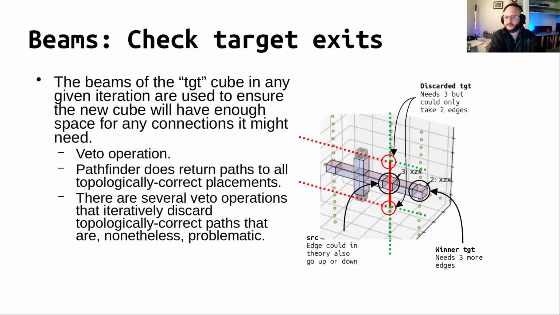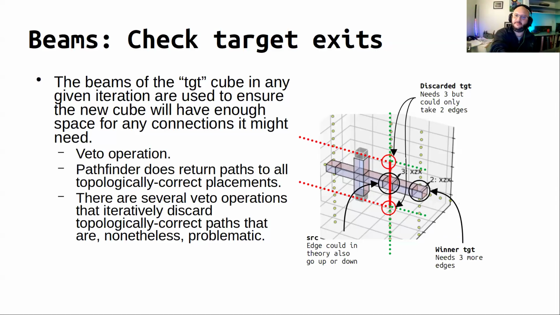And they are used to avoid operations that would create problems. So for example, this comes from the GS set example that I just ran. In this case, it's creating a path from 3, which was already placed in a previous operation, to 2, which needs to be placed. And the pathfinder tells, well, actually, we could go up or down, or we could go right.